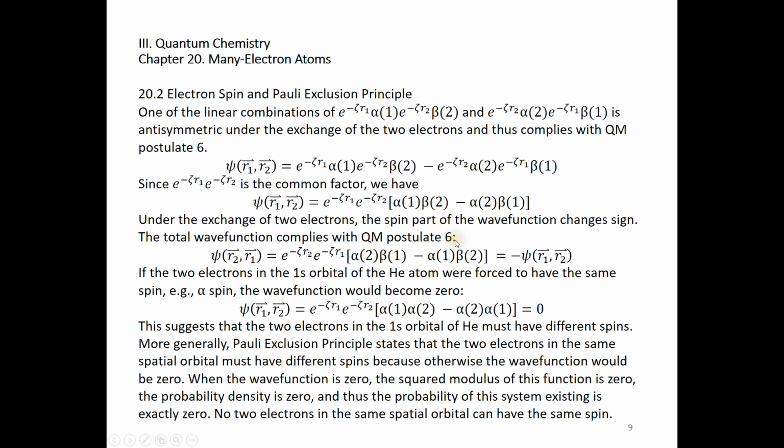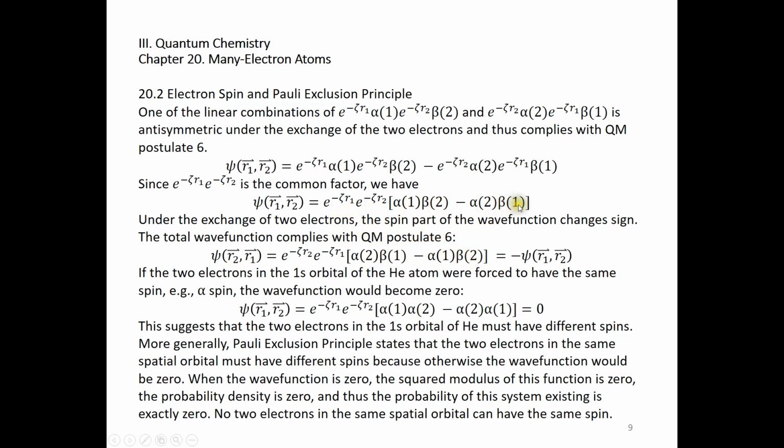We can easily verify this if we exchange 1 and 2. We have psi of r2 and r1. And then I need to replace r1 with r2, r2 with r1, 1 with 2, 2 with 1, and I replace this 1 with 2.